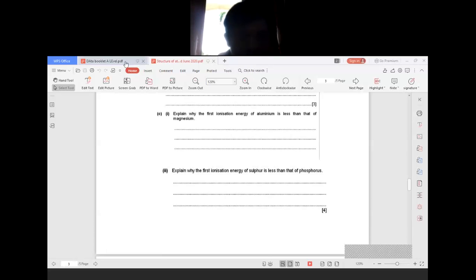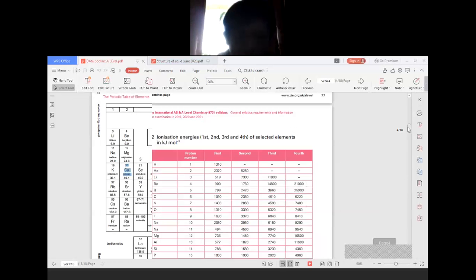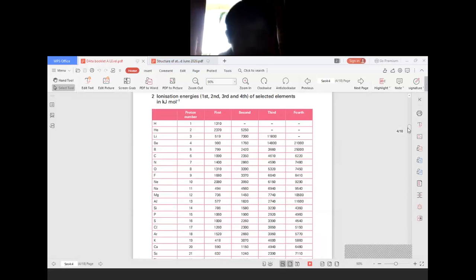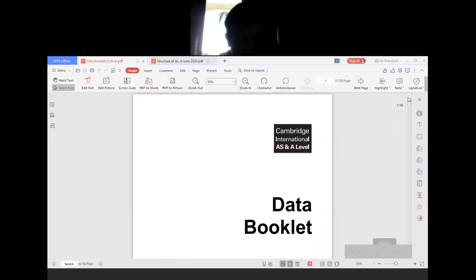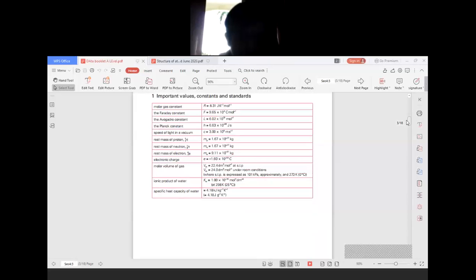Before answering this question, let's see the facts. You have your data booklet. This data booklet is our tool. On the first page are the important values, constants and standards that we are going to use.